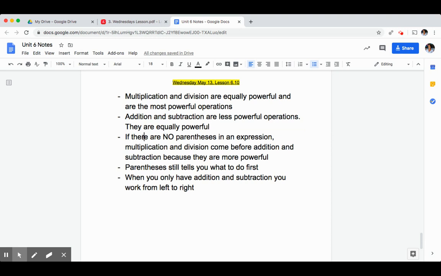If there are no parentheses in an expression, multiplication and division come before addition and subtraction because they are more powerful. Parentheses still tell you what to do first if you see them. So if you see parentheses, you still do that first. And when you only have addition and subtraction, you work from left to right. Pause the video here and jot down your notes, and then come back to the video when you're ready.